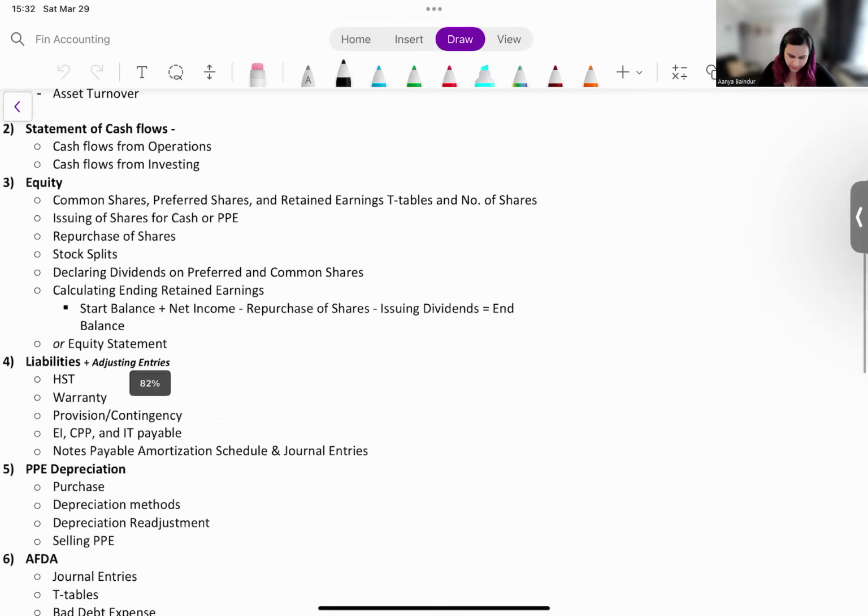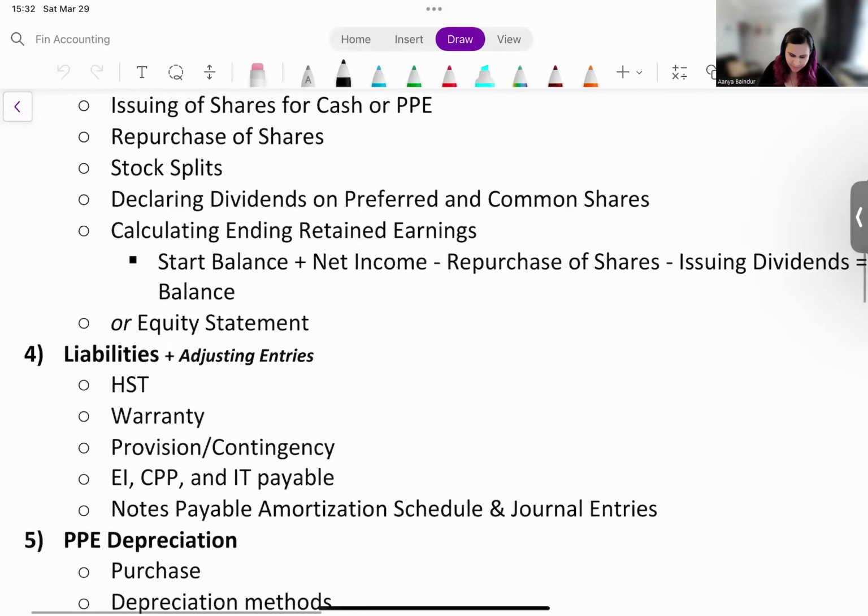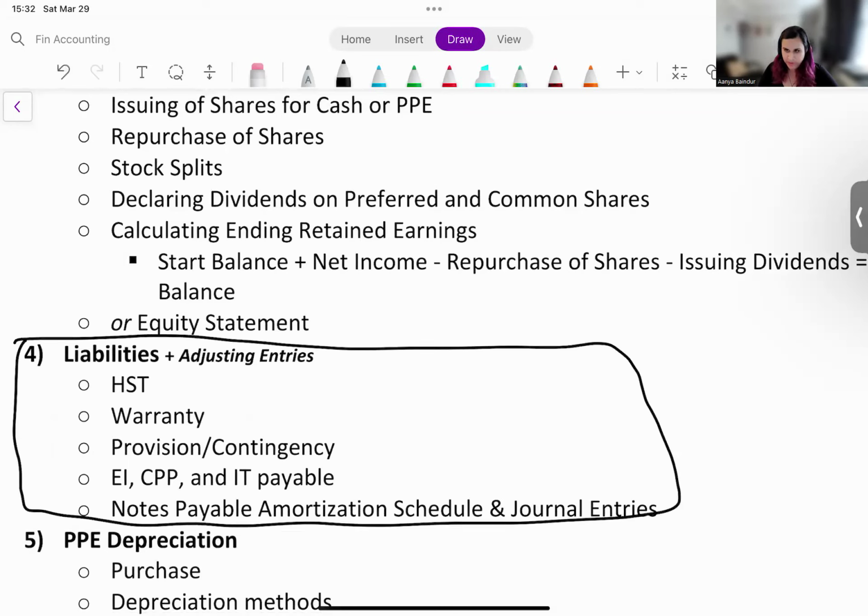Now, today we are focusing especially on this liabilities part right here. Liabilities questions are weird because they have a lot of small parts. So it is possible that instead of it just being a pure liabilities question, it could have adjusting entries in it as well.